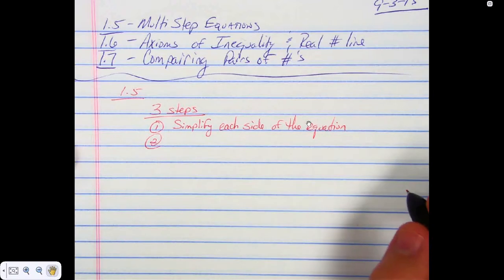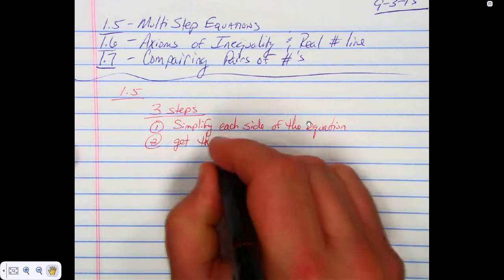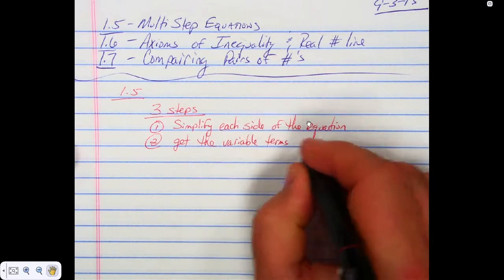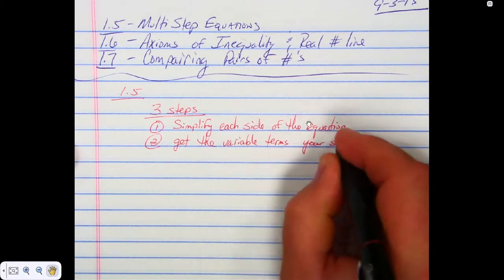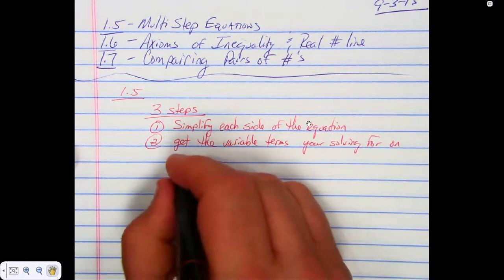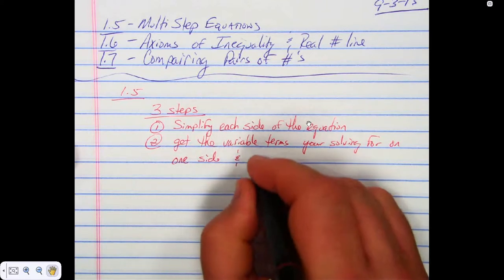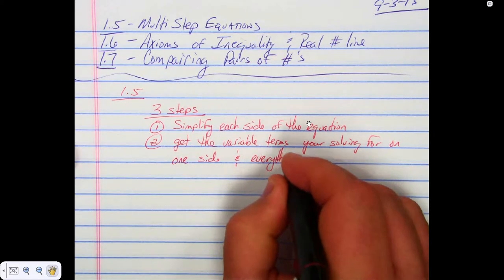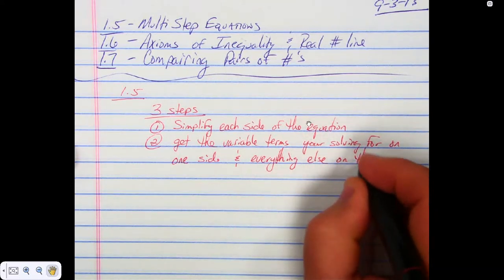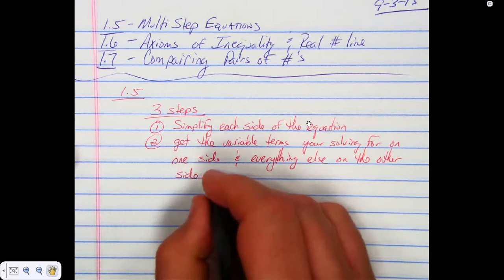Two, get the variable terms you're solving for on one side and everything else on the other side of the equation.